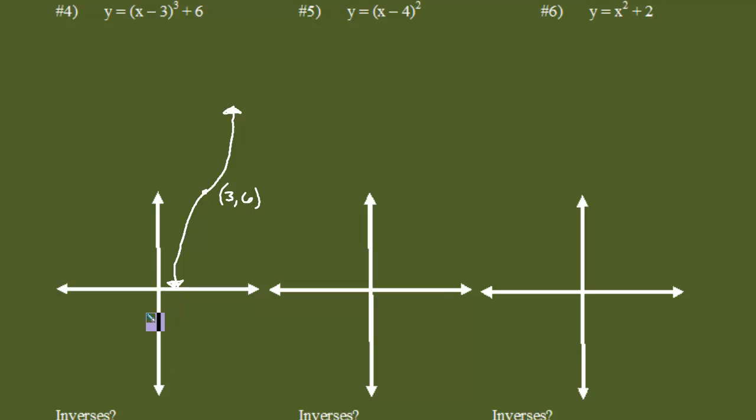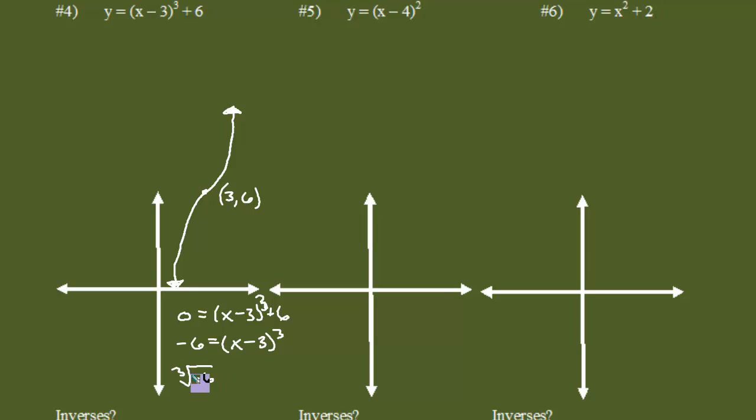I have an x-intercept and a y-intercept here. Should probably figure those out. Let's see what happens. To find this x-intercept, I'm going to put 0 in for y. To get x by itself, I'm going to subtract 6 from both sides. And I'm going to cube root each side.